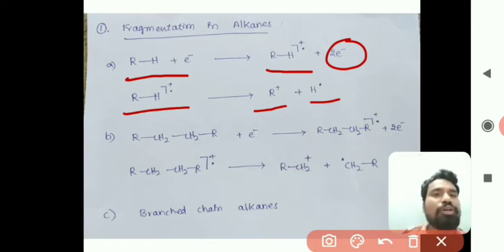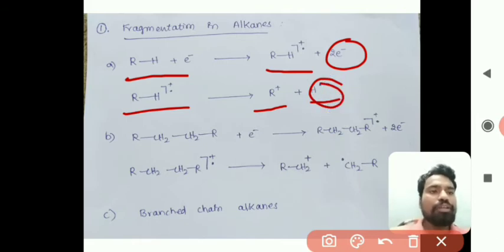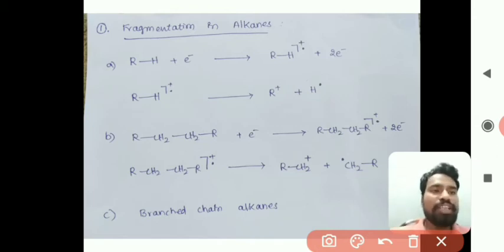In the first fragmentation process the bond breakage takes place between carbon and hydrogen, so the hydrogen radical leaves the carbon molecule, which gives a carbocation. That carbocation will undergo further fragmentation, based on the structure of the alkane, right? So the carbon-hydrogen bond breaks and the hydrogen radical is removed.